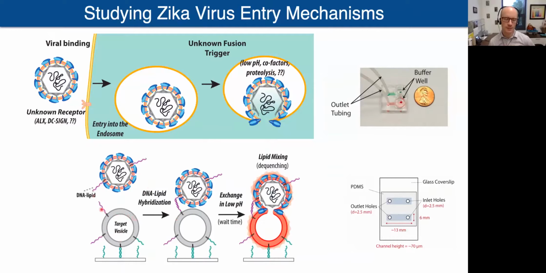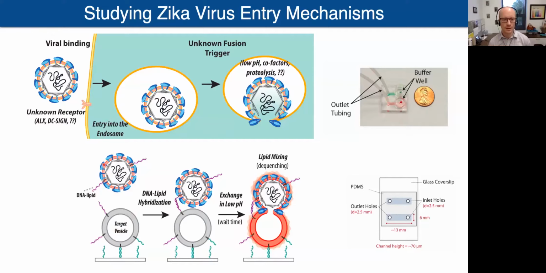It's a vesicle that we tether chemically to a glass cover slip so that we can observe it on a microscope. This is all done inside a microfluidic device. Here's a real-life example of one. Here's a schematic. This allows us to very precisely exchange liquid in and out of the environment that the virus might experience.